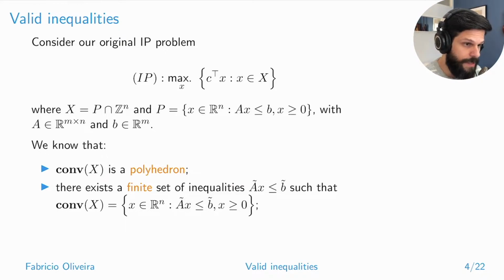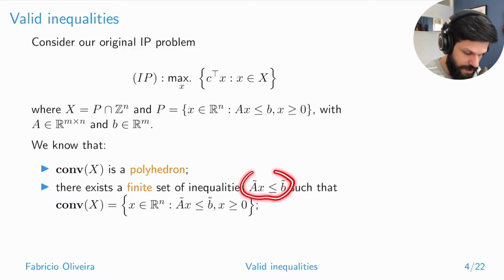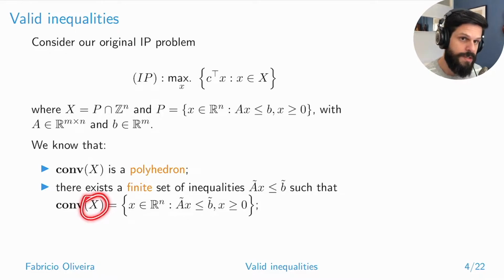And we know that there is a finite set of inequalities, now represented with this tilde A and tilde b, such that they represent explicitly the convex hull of X. Basically, this is telling us the following.